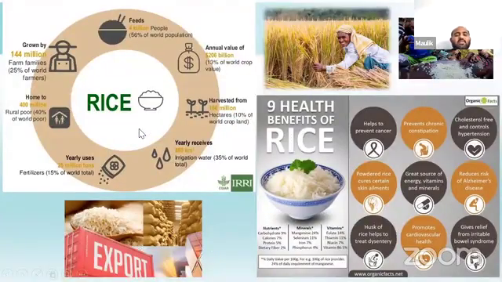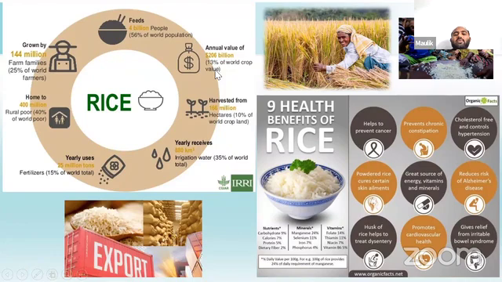So rice is the staple food all over the world, grown by 144 million farm families, and 20 million tons, meaning out of 100% fertilizer, only 50% fertilizer is used all over the world in rice. Yearly, out of 100% of the water, 35% is consumed by rice.